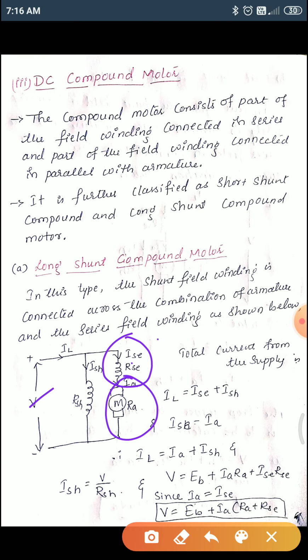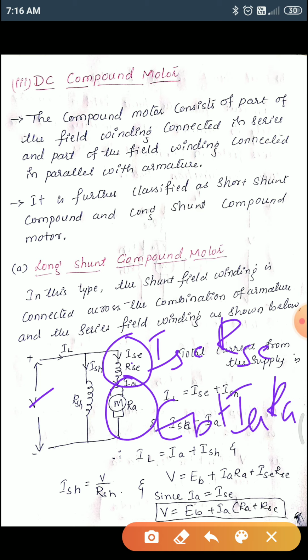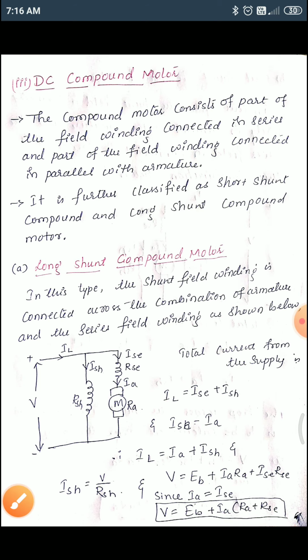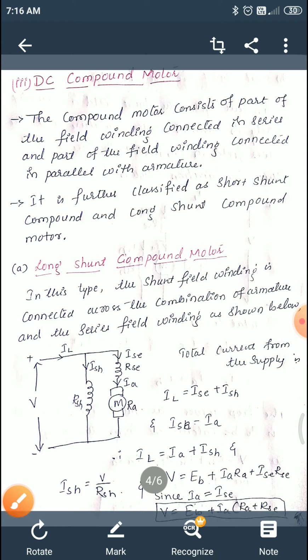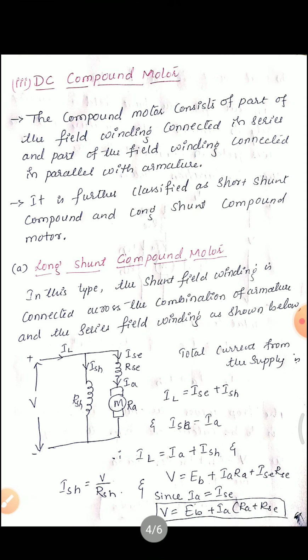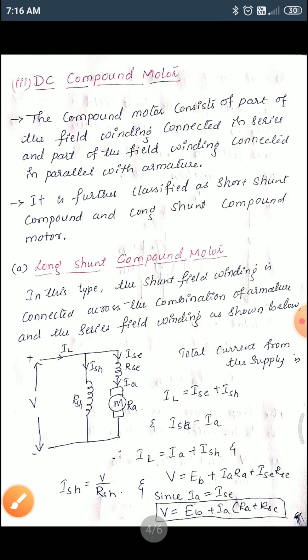As you know, the voltage across this is IAC into RAC, and the voltage across this is EB plus IARA. So V is equal to EB plus IARA plus IAC into RAC. Here, in place of IAC, we are placing IA. You can observe this equation. So this is about the long shunt DC compound motor.